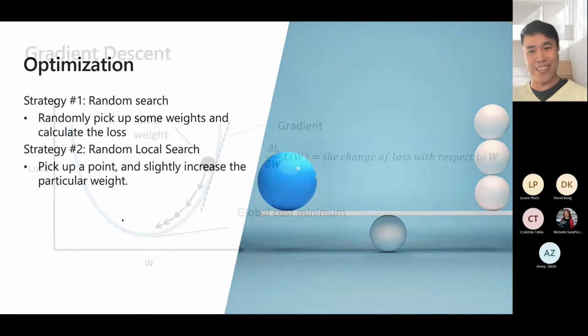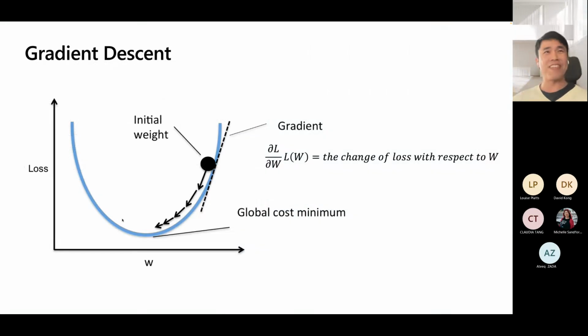So the third approach is gradient descent. If you still remember high school mathematics, if we plot the weight against the loss, for example, this is the whole graph we have. Imagine we have a supercomputer, we calculate all the weights and all the losses. But in this graph, we can just calculate the slope of this initial weight, and then we can see the gradient, right?